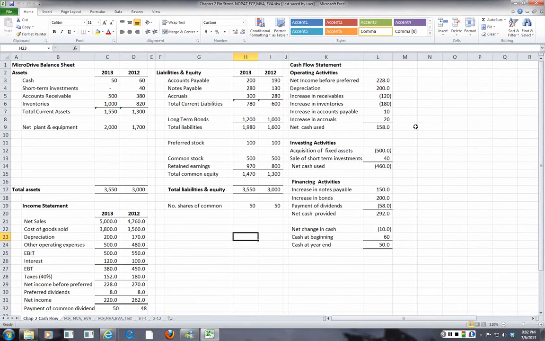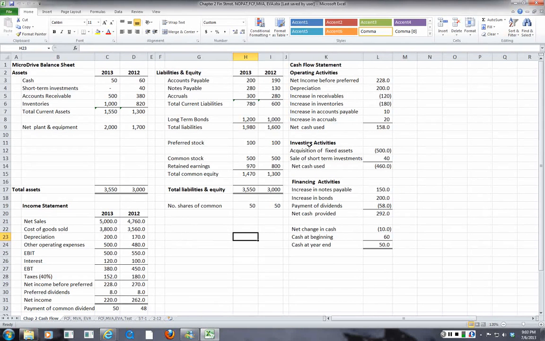In this case, this company has $158,000 of positive cash flow coming from the operating activities, and the changes in the current assets and current liabilities affect that cash flow.